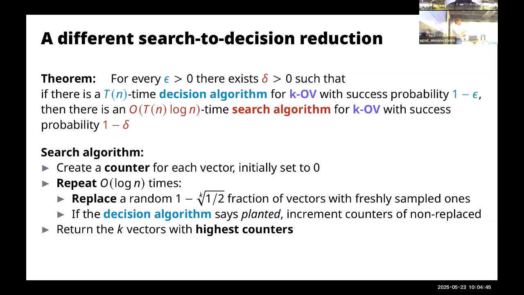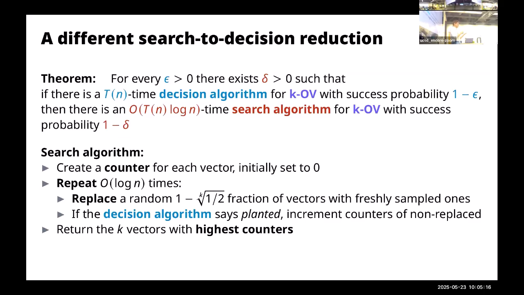You can replace half of them, but then the convergence will be slower, so it's better to pick a smaller fraction, but it doesn't really matter. I take some random set of vectors and replace them with freshly sampled ones, and run the decision algorithm on the resulting input. So the signal that I get is whether my k hidden vectors were among this random set.